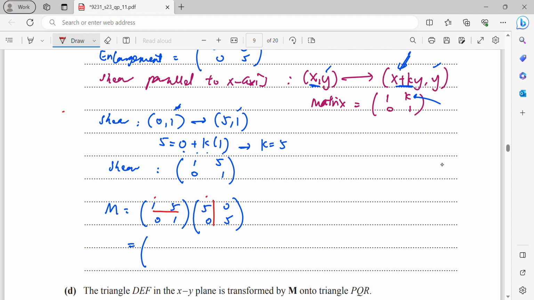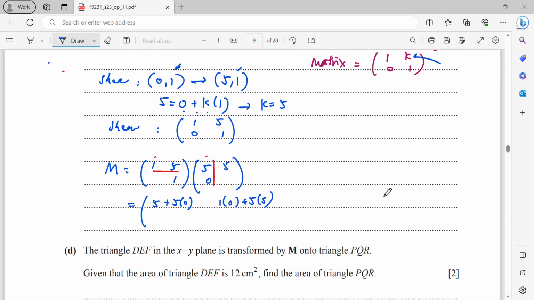So 1 times 5 is 5, plus 5 times 0 is 0. Let's say I do it step by step. Then first row times second column, so I will get 1 times 0 plus 5 times 5. After that, we refer to the second row.